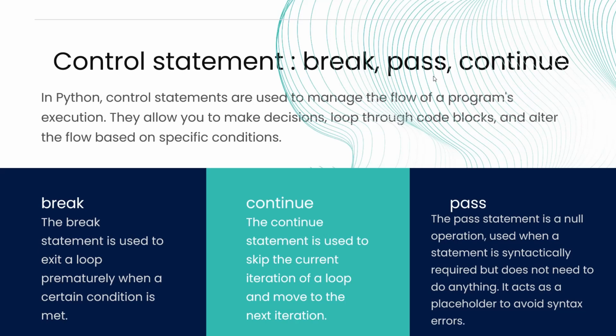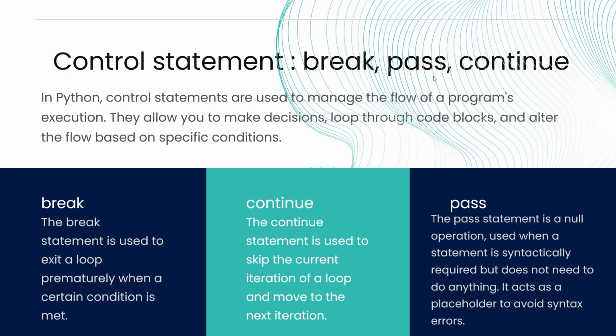Decision making is one of the control statements, and the loops which we saw in this video are also control statements. Besides these two, we have three different statements which are also control statements: break, pass and continue. All these statements are used to manage your program's execution based on a specific condition.